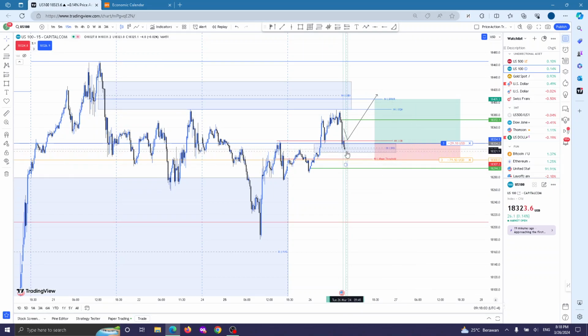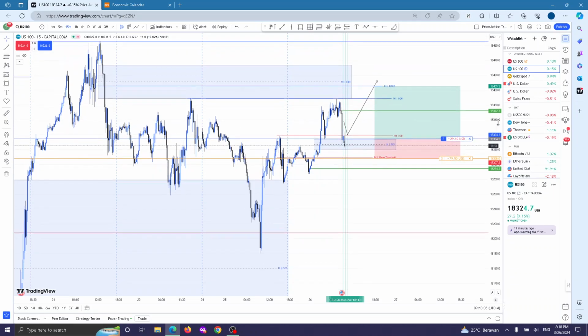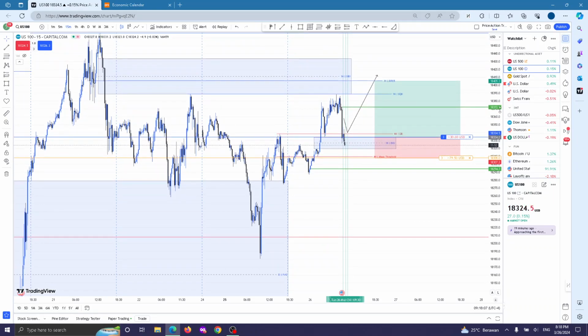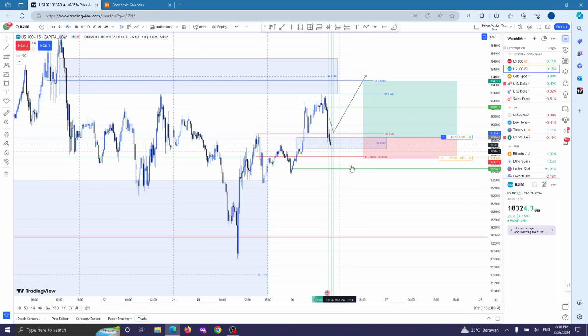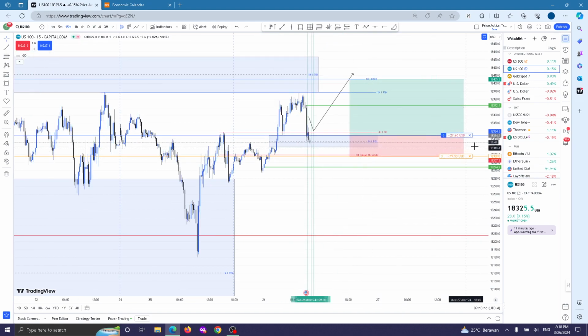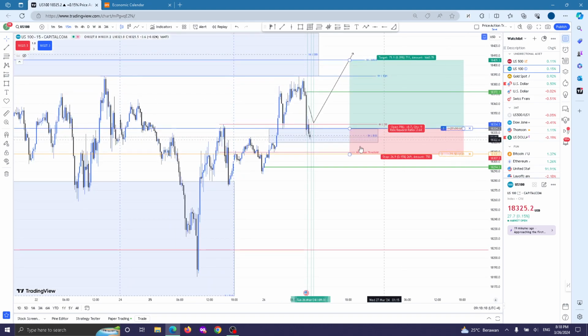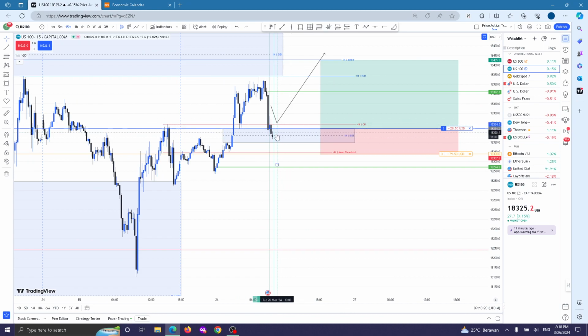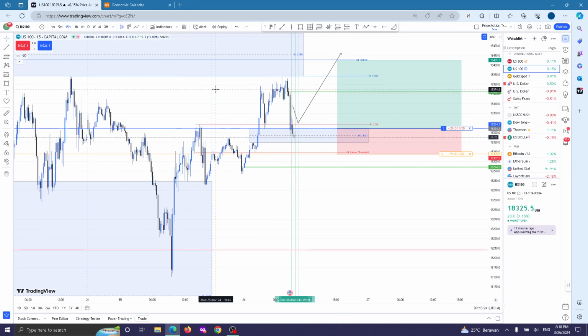Man, we're taking some damage here. Taking some damage. We are currently in this 1 hour busy. In threshold, consequent encroachment.